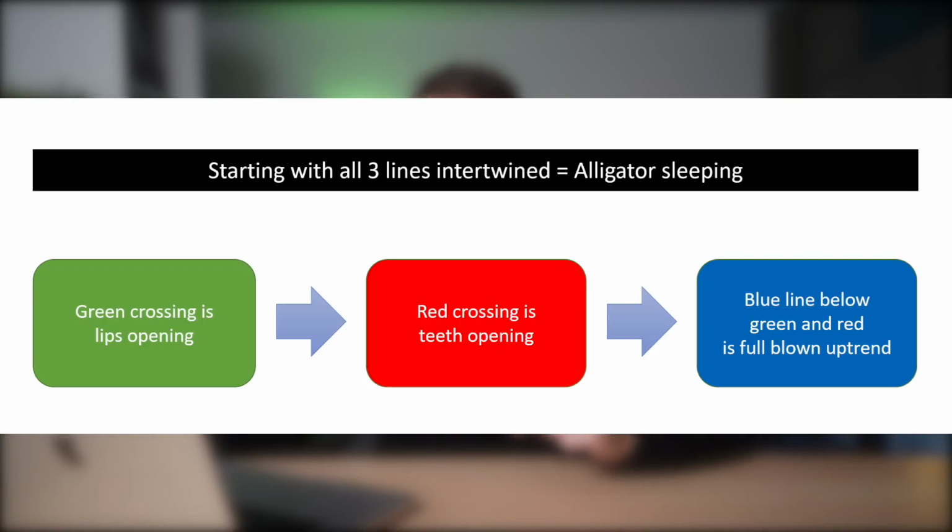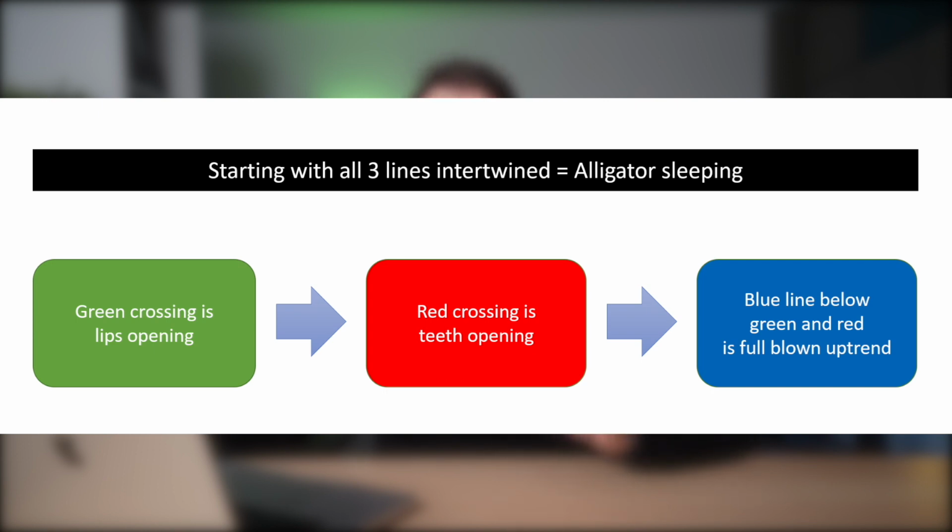Differently put, the market is trading flat. When the trend is about to start, the lip line, the green one, which is the fastest moving average, is the first one to react to the changes in the balance of buyers and sellers in the price chart. So when the lip line crosses slower MAs, we could assume that the trend is about to start and the alligator is, quote, waking up.